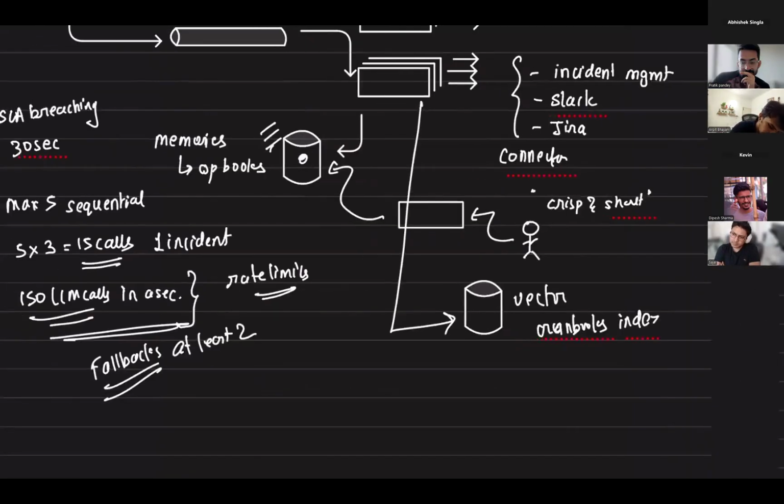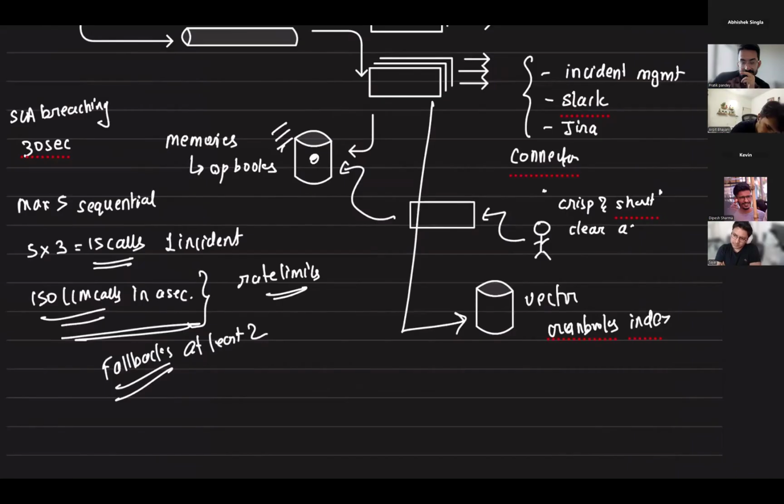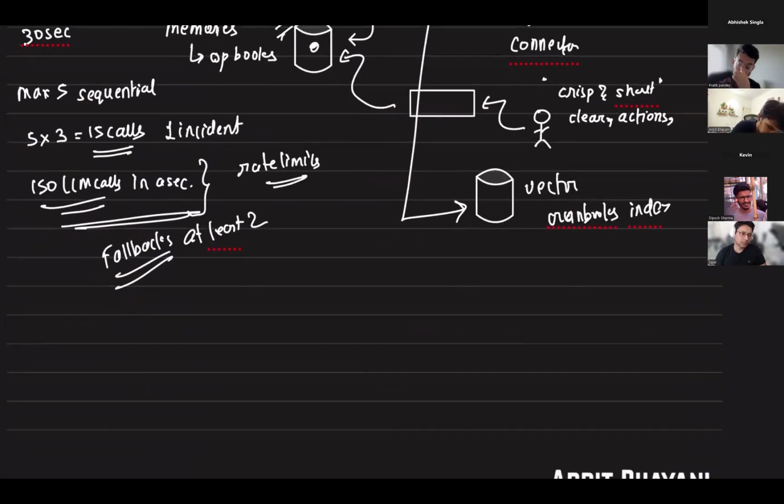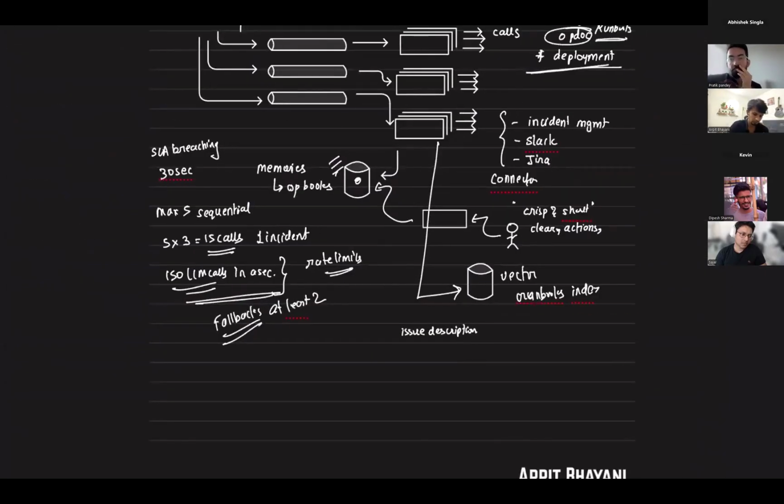So if the agent is going through all the runbooks, the metrics, the logs and all of that, then if it has some deterministic knowledge, the first step would be providing a brief description of the issue and the potential remediation, and mentioning how it came up with that information.